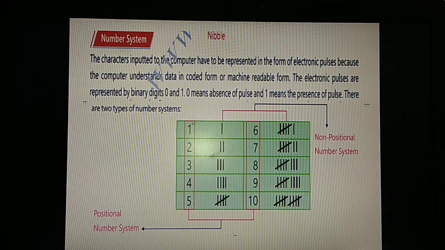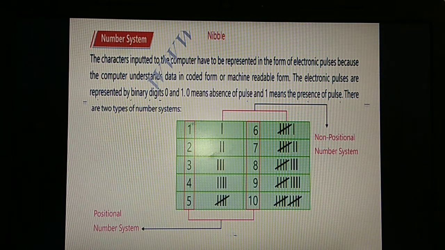The electronic pulses are represented by binary digits, 0 and 1. 0 means absence of pulse and 1 means presence of pulse.